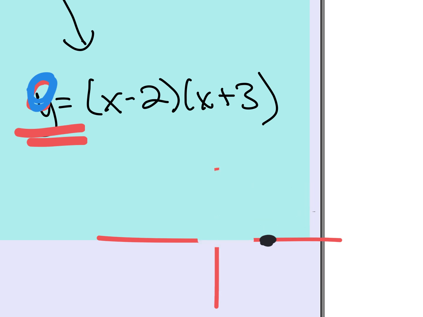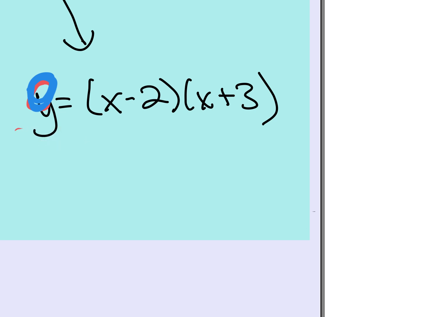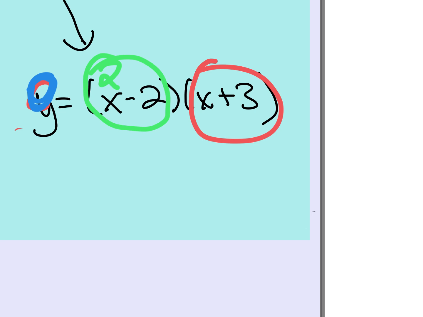Then, once I have a 0 where the y is, do you get it's an equation that's all set equal to 0? So then, you just ask, what are the things that make it work? Would you agree if you put in a 2, this part would become 0? So 2 is one of your answers. What would be this thing that makes this side 0? Say it if you know it.